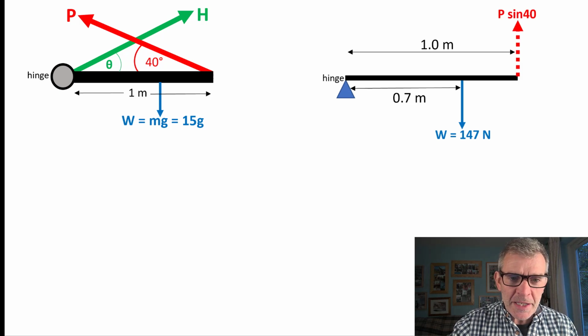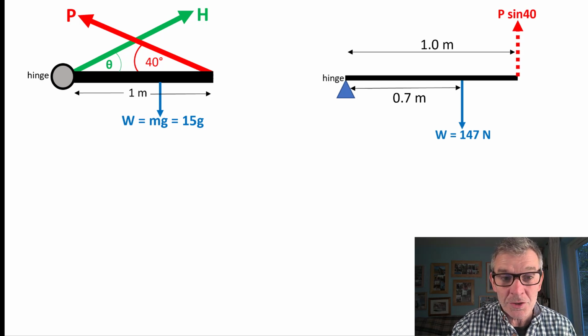We've got a force P which is acting at 40 degrees. And we know that the vertical component of P is P sine 40. If you've got any problems with working out perpendicular components, I've got a separate video which looks exclusively at working out perpendicular components from a given force, and it's probably a good idea for you to go back and have a look at that.